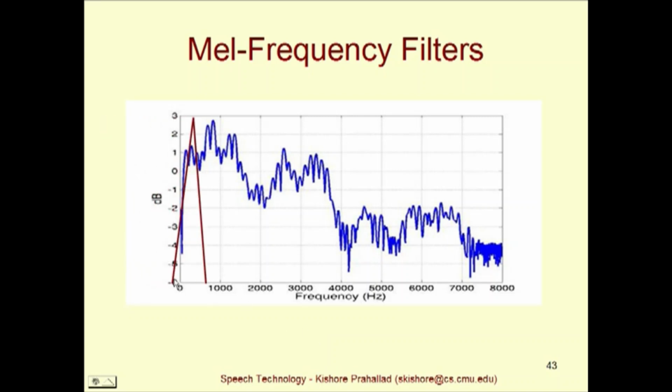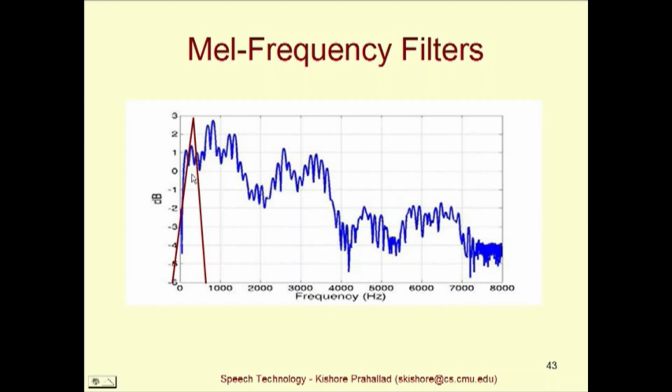This is the filter we mean here. If we have a filter like this, what does it do? It concentrates only on the frequency components in this region. It will not consider the frequency components to the left or to the right of it. So it will concentrate only on the frequency components on or inside this filter.